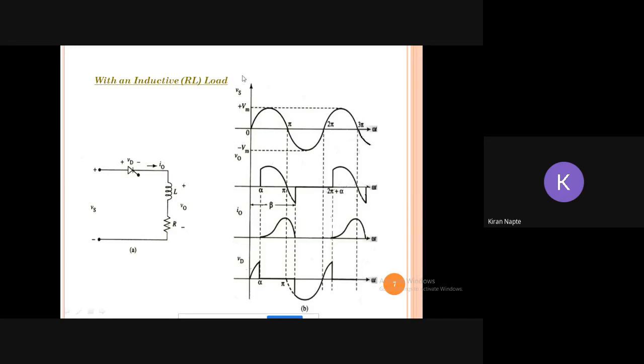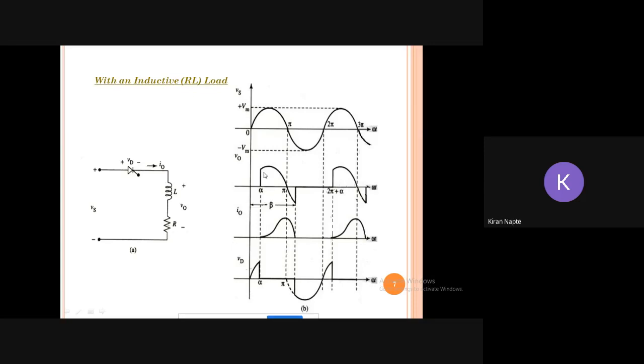Again, the first waveform is for Vs, the applied or supply voltage, and we are aware that this will be a pure sinusoidal waveform. One cycle of this waveform is 360 degrees, and each positive and negative half cycle is 180 degrees. The second waveform is the output voltage, V0, which we obtain across this RL load.